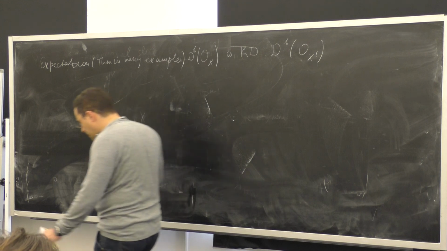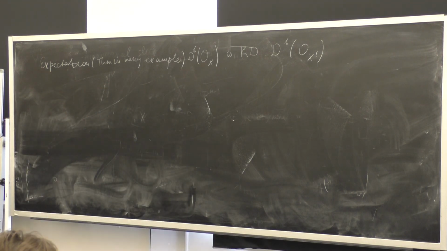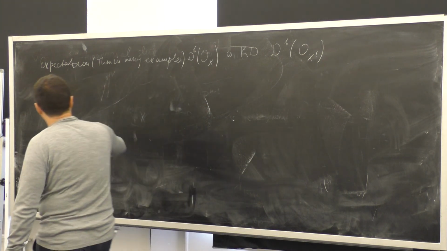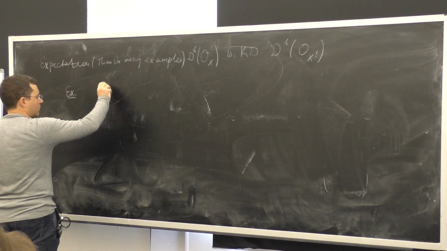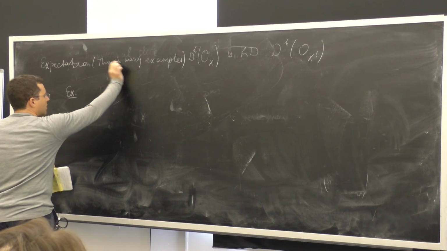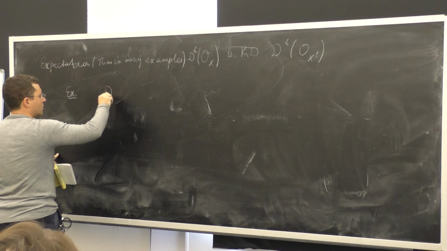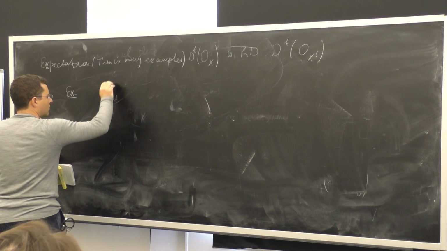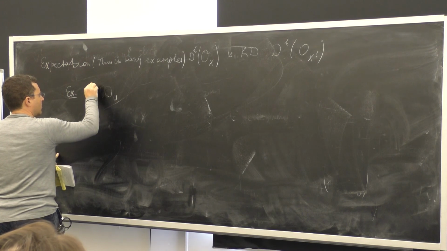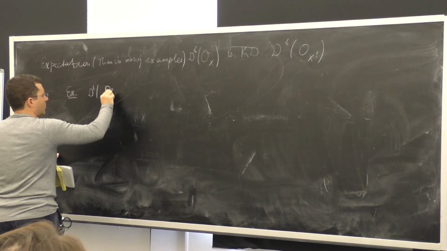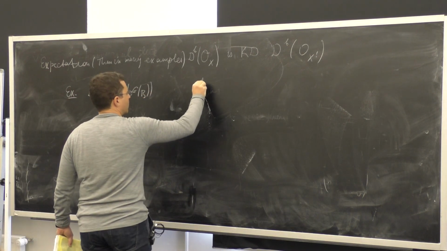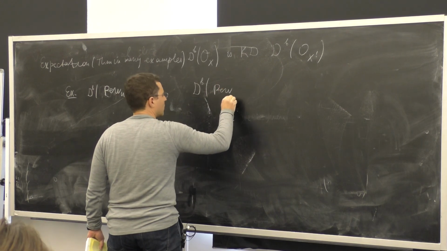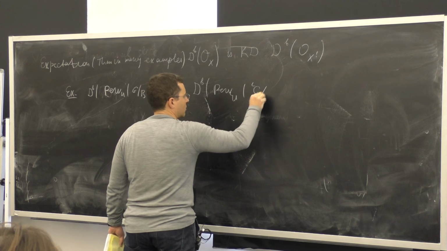And yes, as I already mentioned this. For example, by localization theorem, this Koszul duality between D of perverse sheaves on G mod B and D of perverse sheaves on GL mod BL.